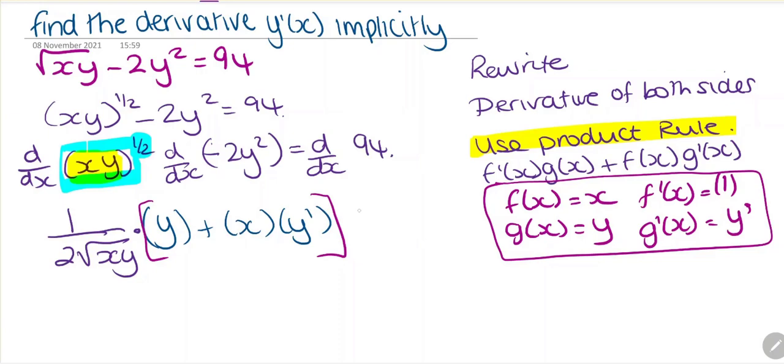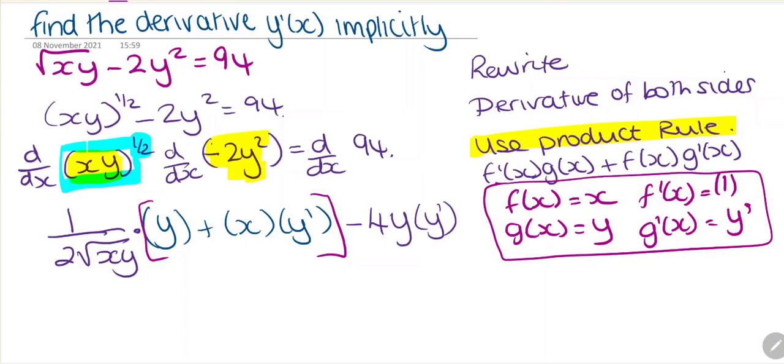So I'm going to look at this term here now. We need to take the derivative, so with the chain rule, minus 4 multiplied by y, and this is then going to be multiplied by the derivative. And this is going to be equal to 0.